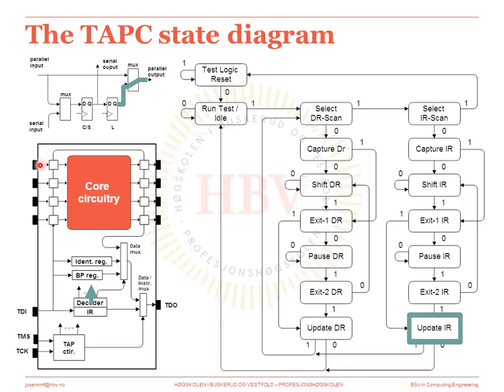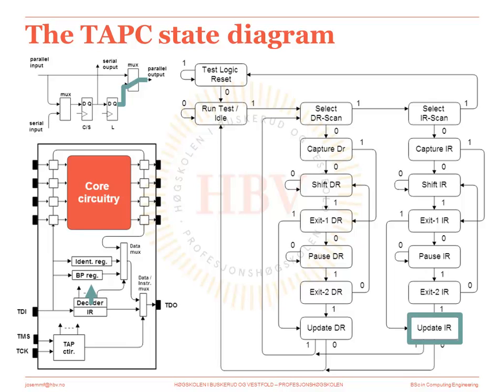That is to say, all the pins are now isolated from the core circuitry. This happened when we made the new instruction valid, assuming, of course, that this was the external test instruction.